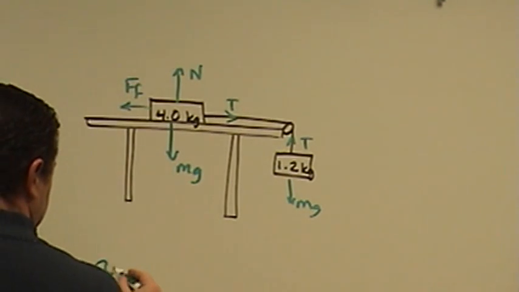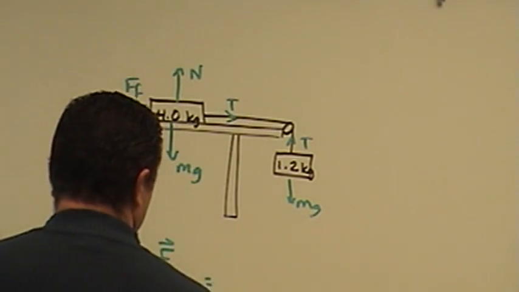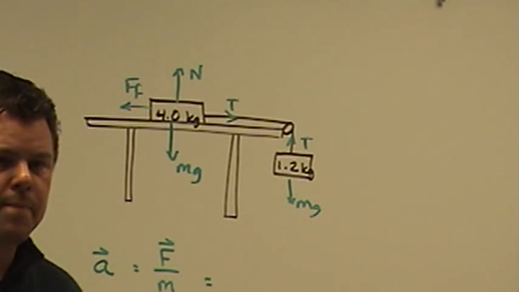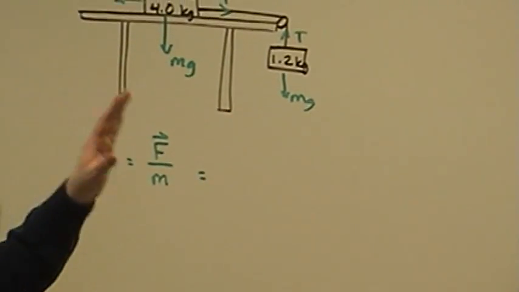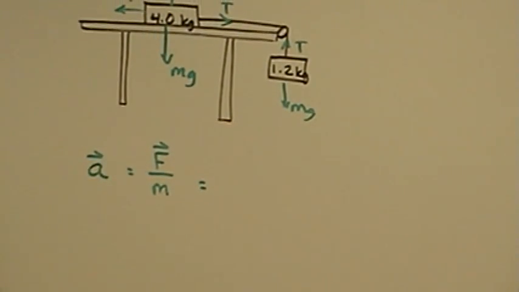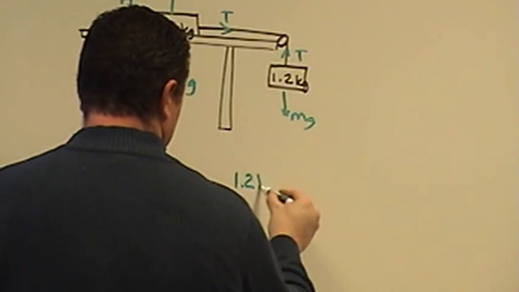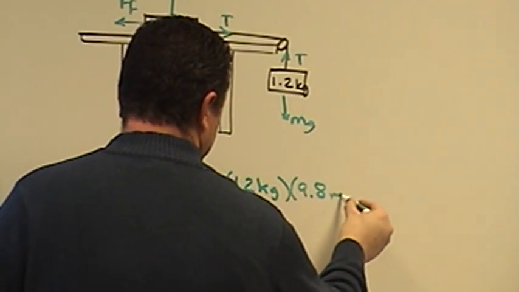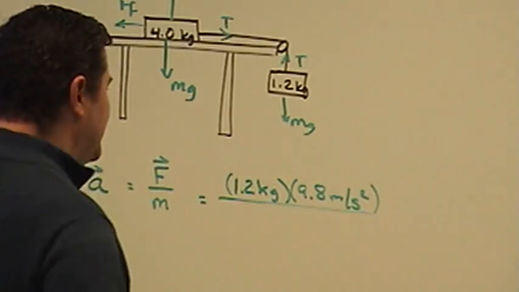acceleration, net force over the mass. What are we gonna do to find the net force? Which block causes them both to accelerate? The 1.2 hanging off, right? So the 1.2 kilograms is exerting a force down because of its weight, 9.8 meters per second squared, divided by the mass that accelerates.